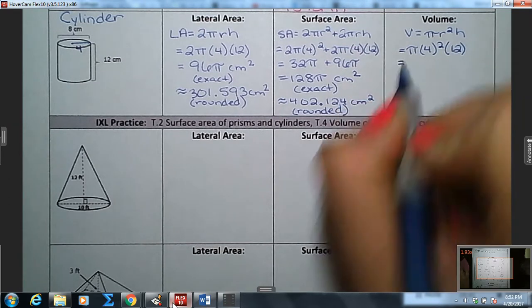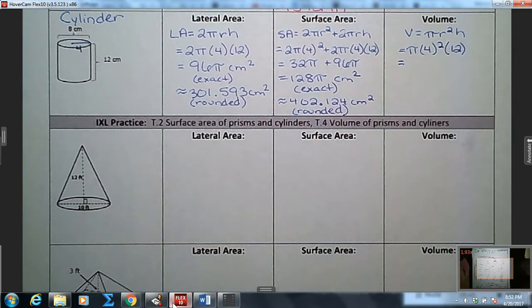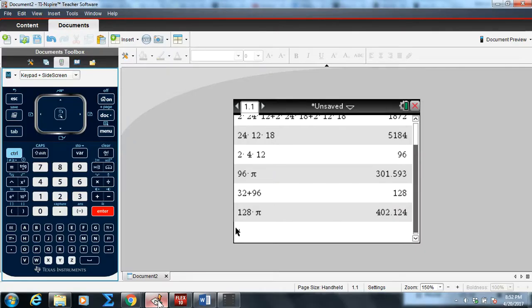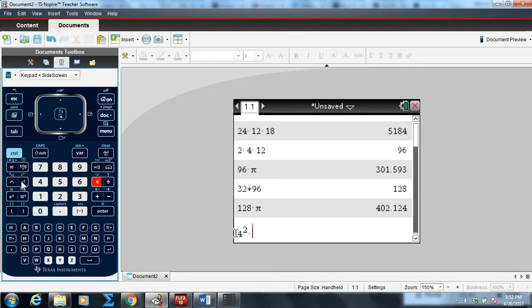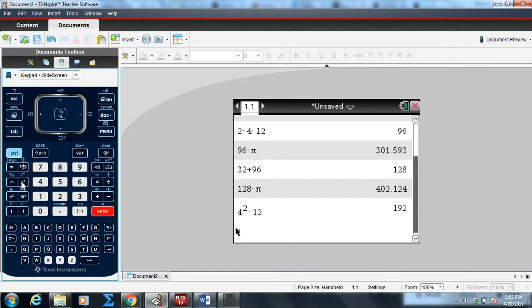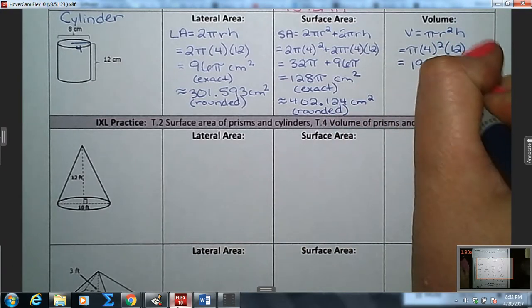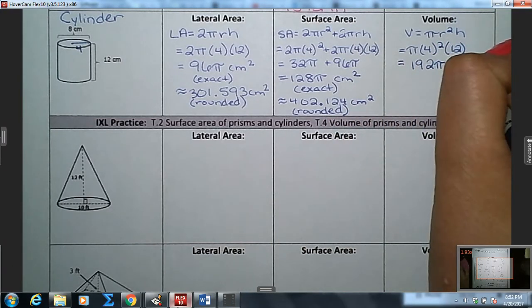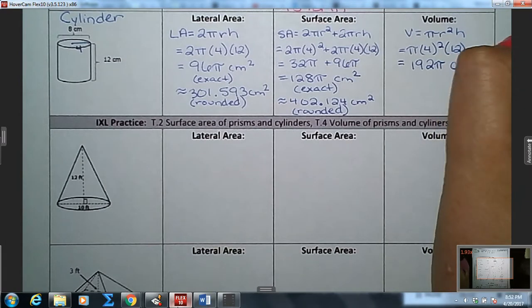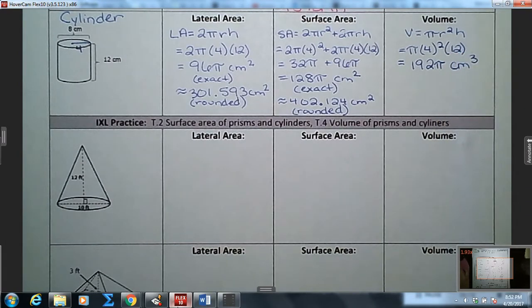One more time, I'm going to get the exact value, and then I'll get the rounded value. Exact value calculations do not include the pi button. 4 squared times 12, that's 192. For the exact calculation, that would be 192 pi, and this is now a cubic measure, centimeters cubed.